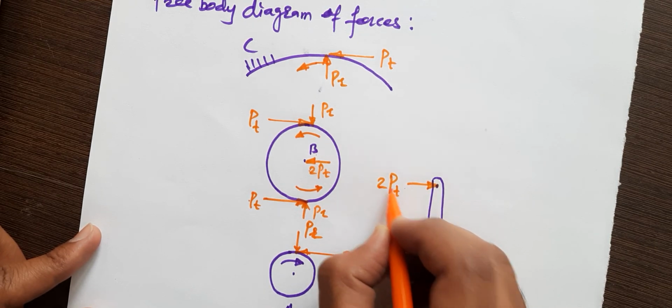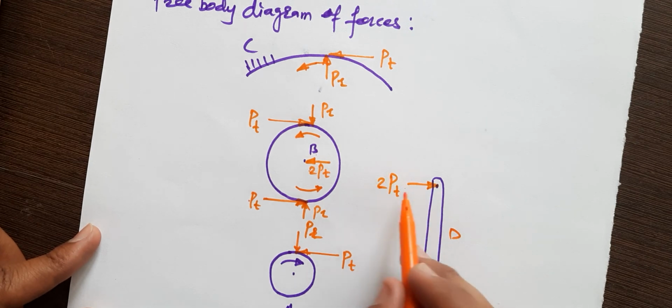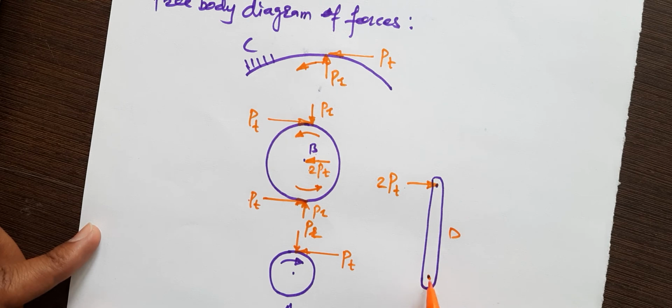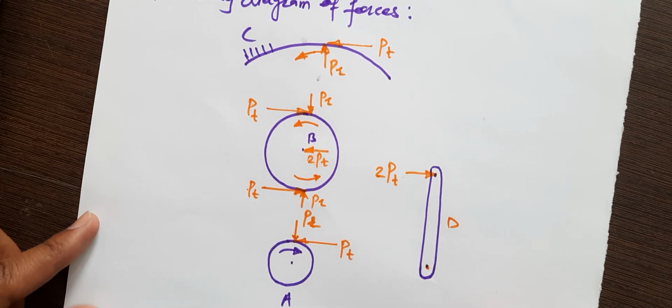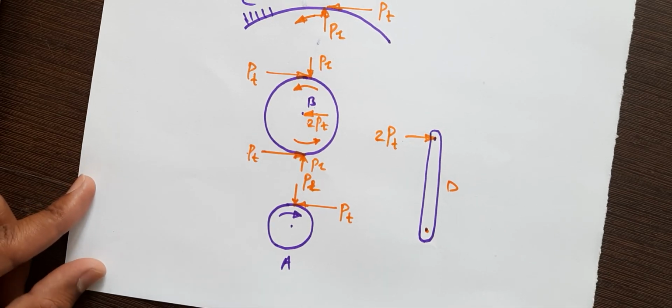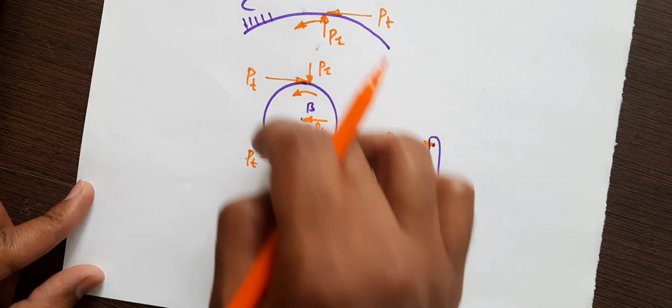This will be the force acting on arm D, and this will be the center of rotation for arm D. In this way the forces are acting on all the gears A, B, C and arm D.